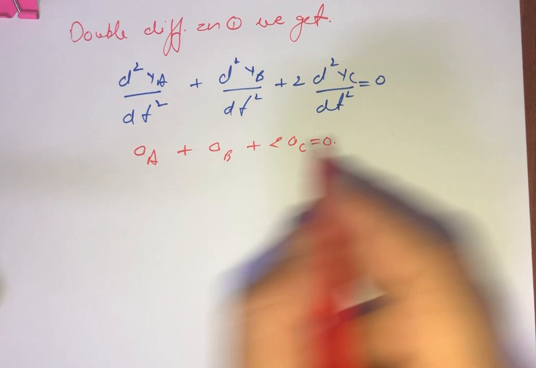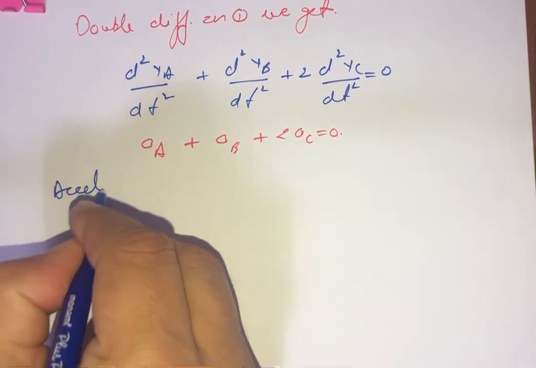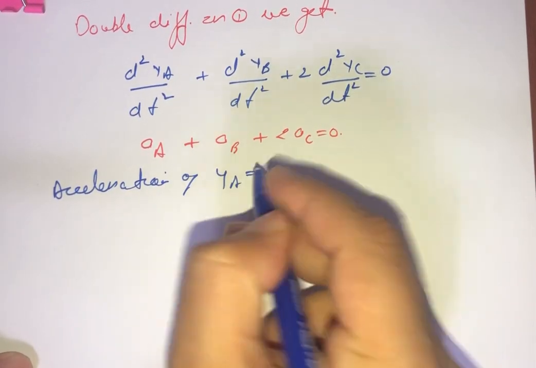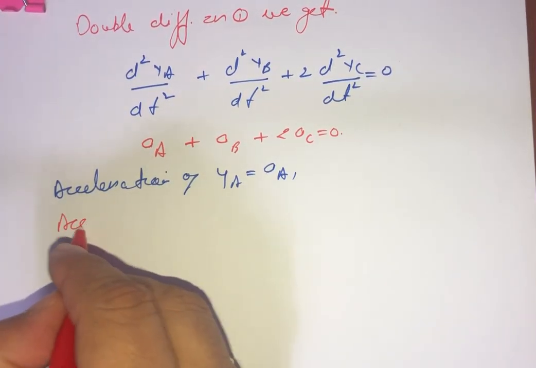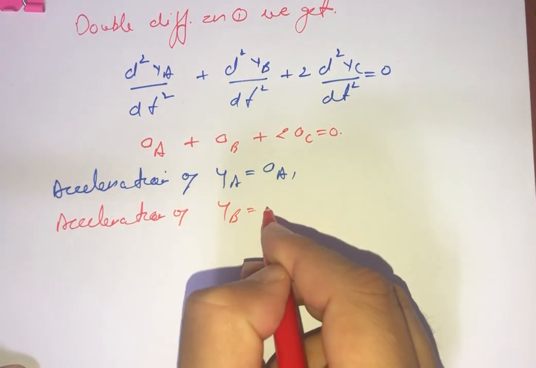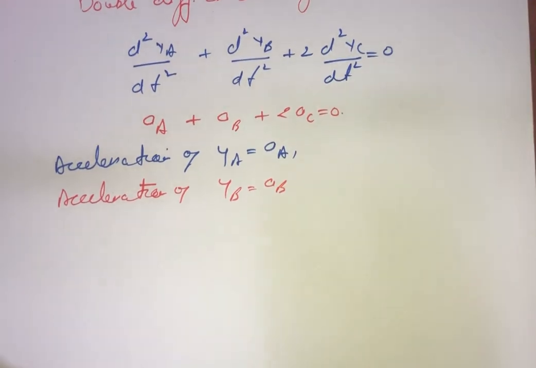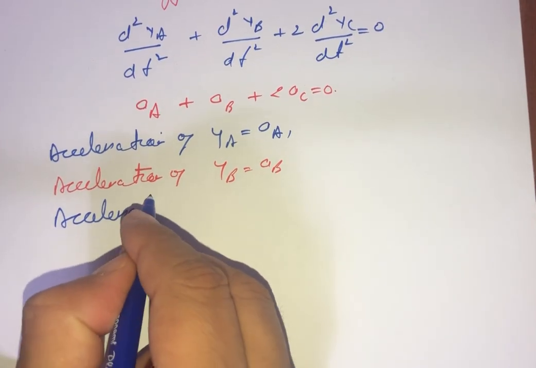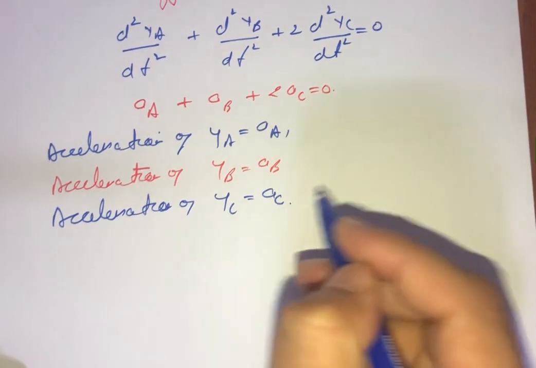So we can say that the acceleration of YA is equal to AA, the acceleration of YB is equal to AB, and the acceleration of YC is equal to AC.